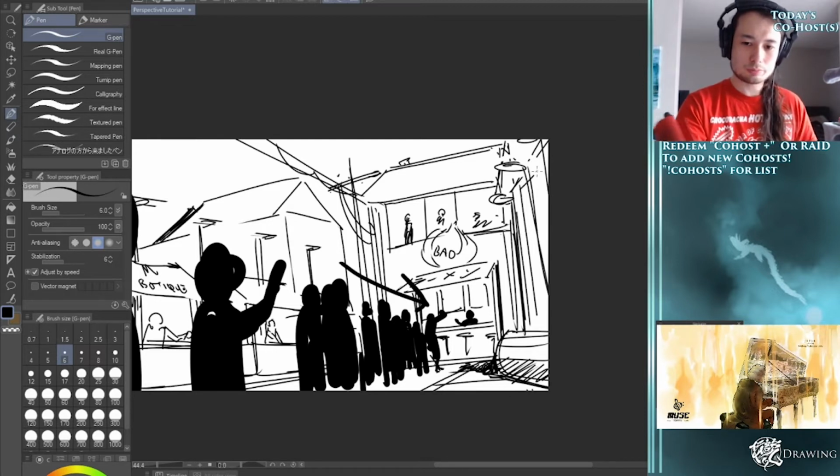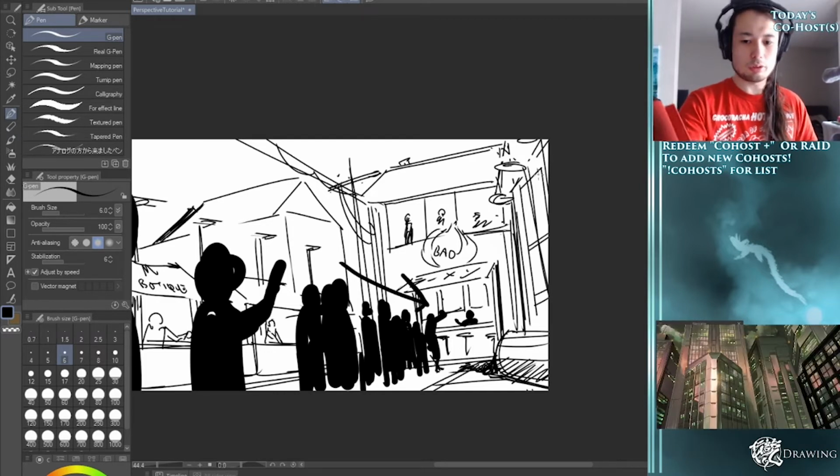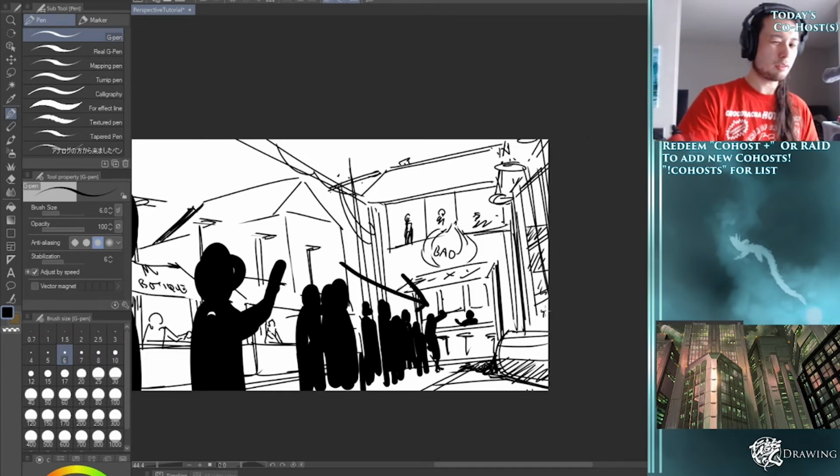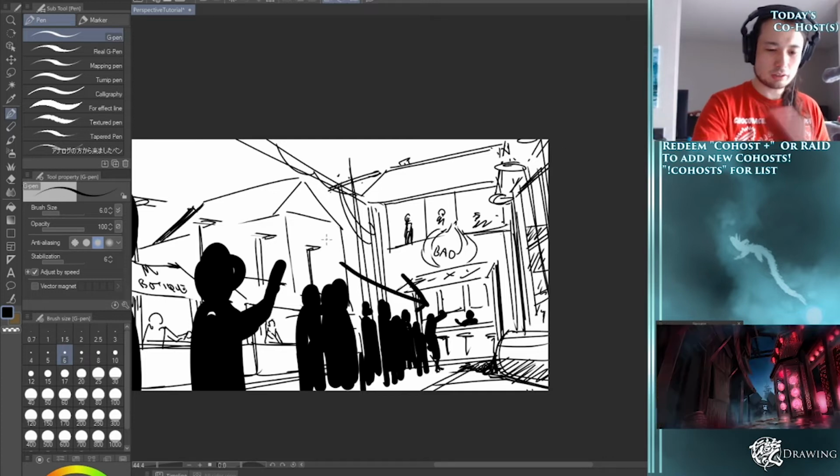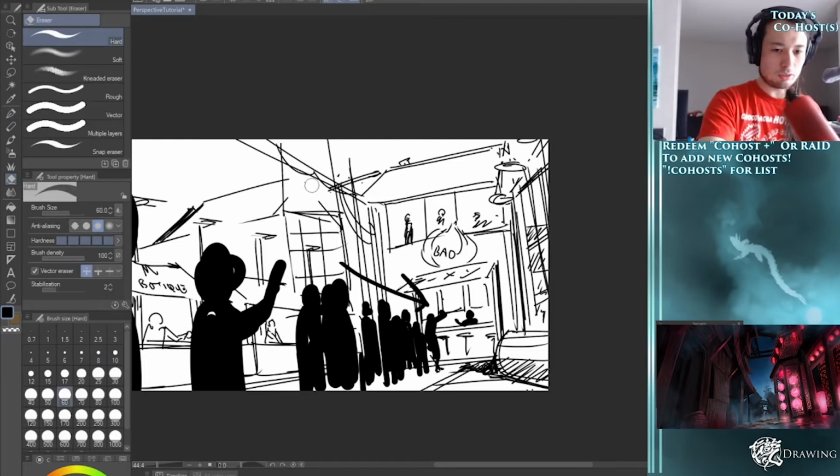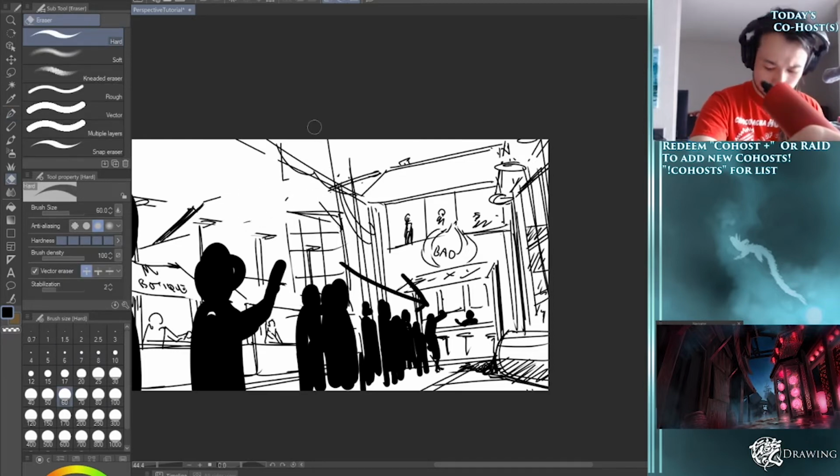Let me see. Windows. What if we put some of these windows like this? I don't really know what they are, but I think that looks pretty cool, actually. I like that. Maybe we can do that here, too. There's lots of windows. I guess that means this building is much higher than I thought it was going to be.